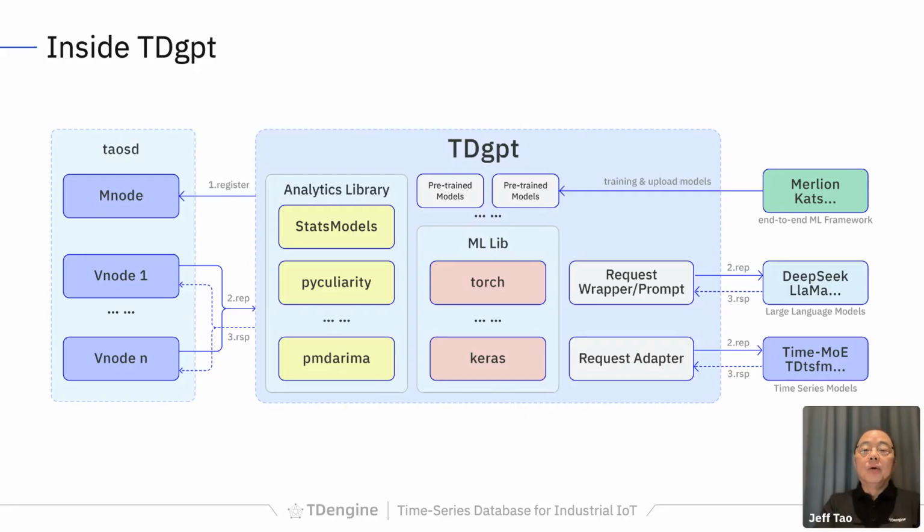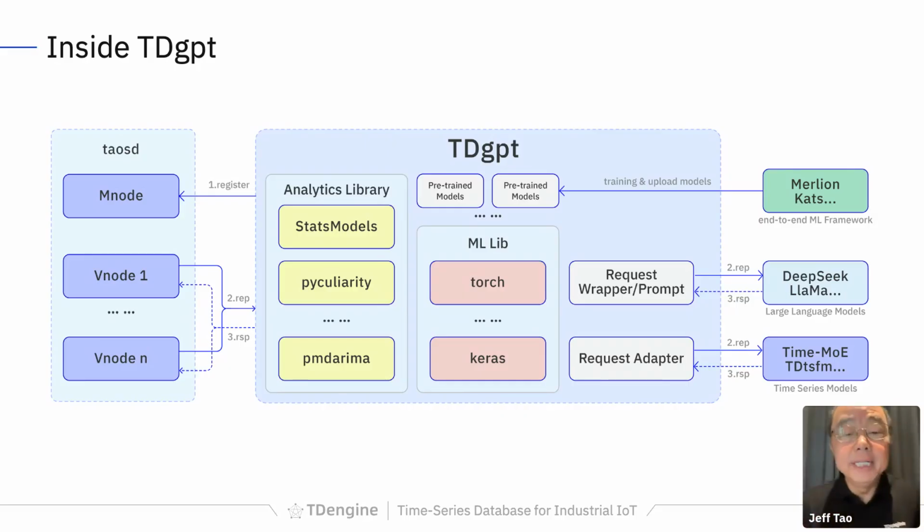So our TDgpt can work with time series foundation models. It can work with Llama or DeepSeek or other large language models too. But many people already have machine learning libraries, especially Torch and Keras. We are going to support PyTorch too.